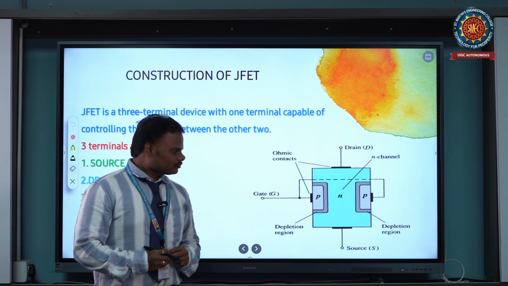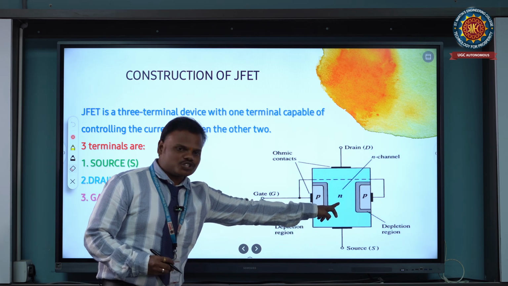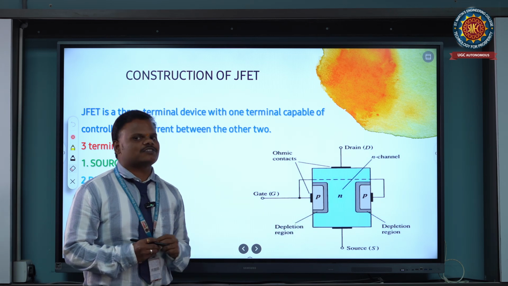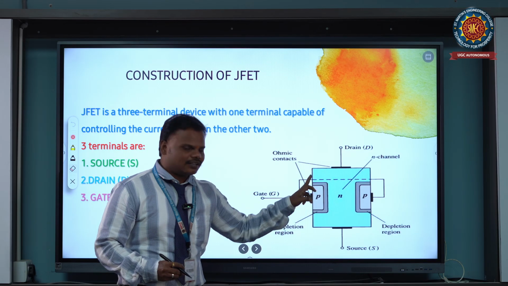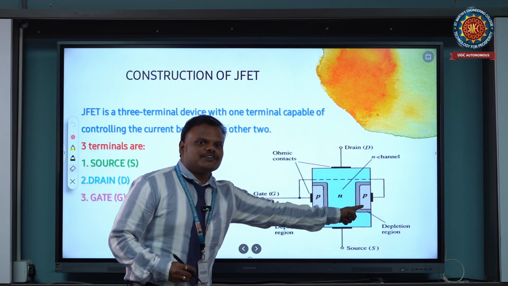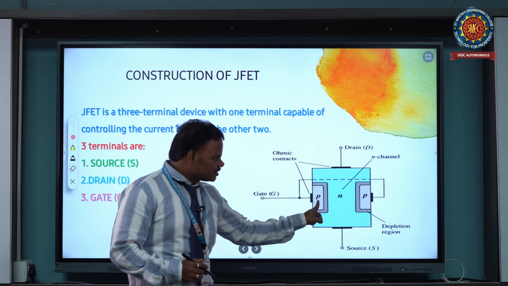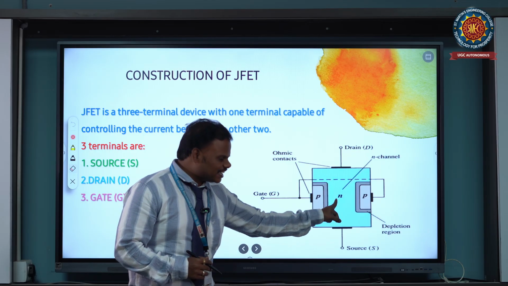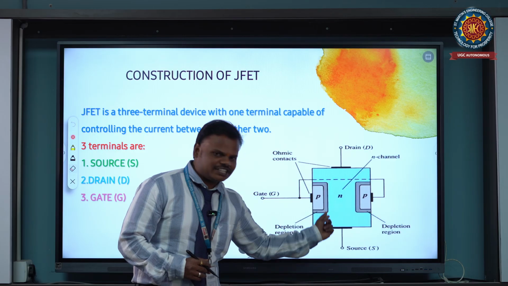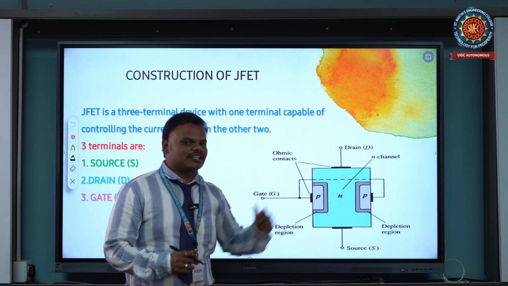The block shown in blue color is an N type substrate. On either side of the N substrate, we diffuse a P type material, which forms a PN junction type of structure. It forms two PN junctions, hence it is named junction field effect transistor.